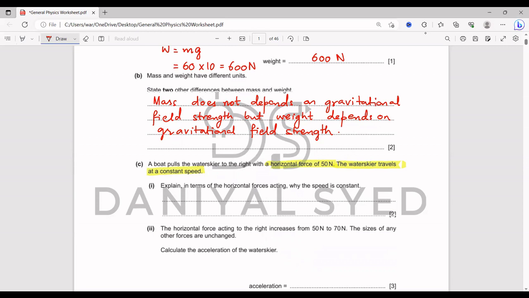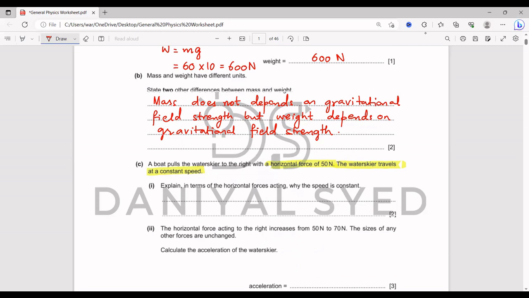So the resultant force will be zero, because resultant force will be zero in two conditions: when the body is at rest or when the body is moving with constant speed. Because in these two conditions, all the forces acting on the body balance each other, and the resultant force becomes zero. So, explain in terms of the horizontal force acting why the speed is constant.